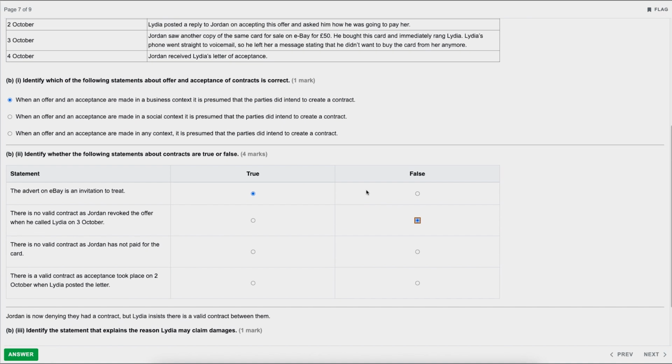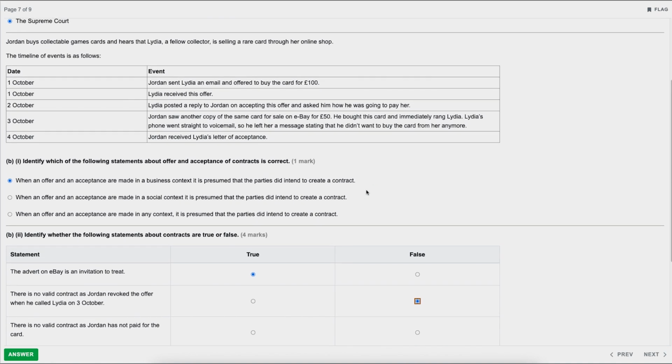So if we just scroll back up to the scenario here, there is a form of consideration and there has been an offer to pay that consideration, £100, for this rare card. So there has been an invitation to treat and there has been an offer.